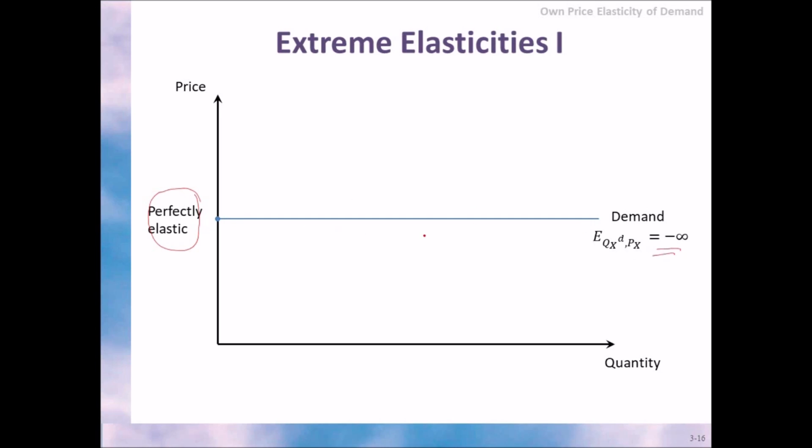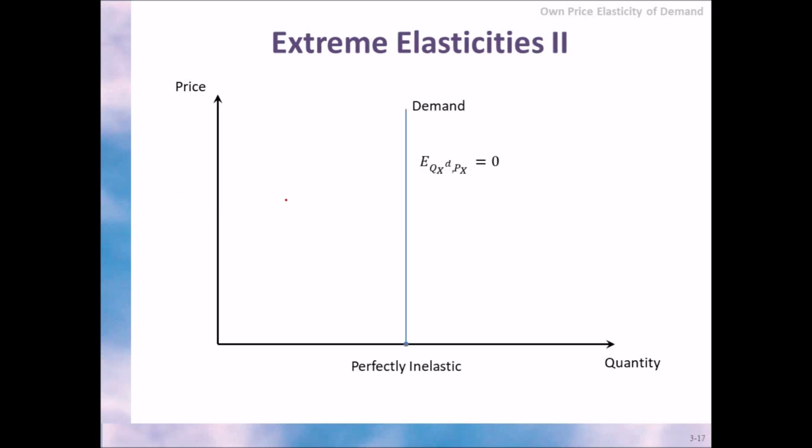What does this horizontal curve mean? You cannot change your price because it's perfectly elastic, meaning if you change your price, your demand will be zero. There will be no demand. So you cannot change the price basically. This is something that we are going to learn in chapter 8, when we learn about perfect competition.